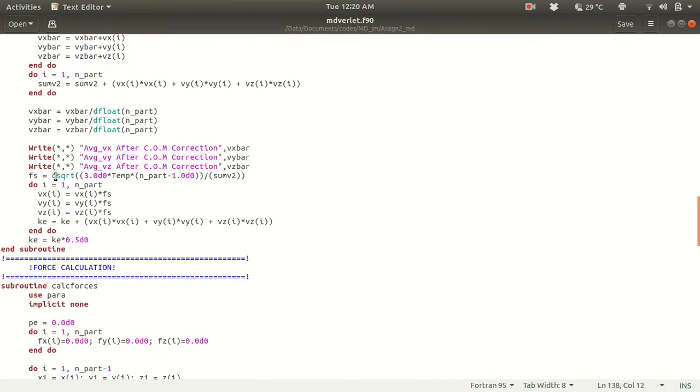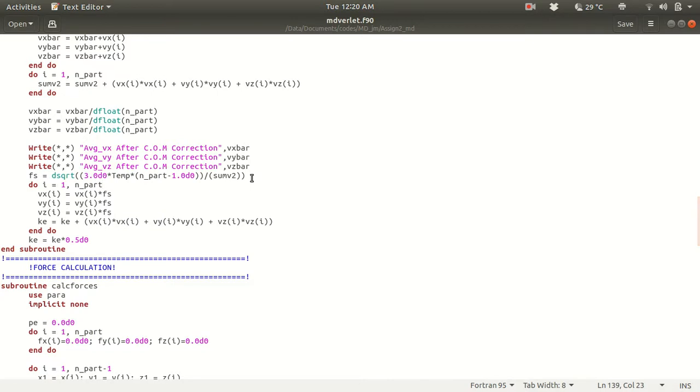It is basically root over of 3 into t into n part minus 1 by sum b2, in double precision. That is basically what I have described earlier. If you have already watched that video, then it will be clear for you. That is basically from the equipartition of energy theorem.